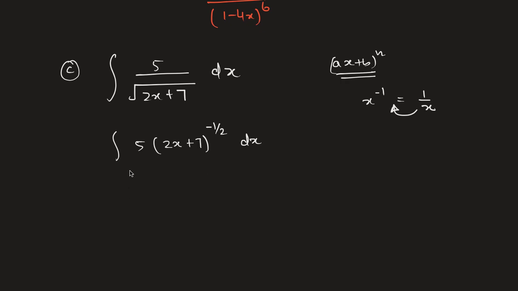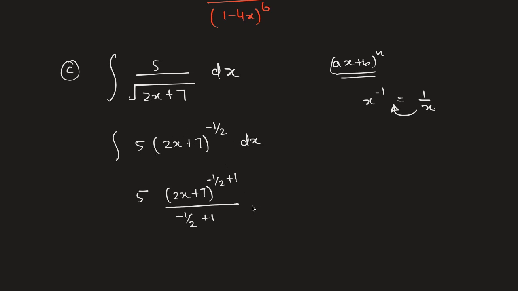Whenever you take a denominator to the numerator part, the power becomes negative. Okay, now let's integrate this function with respect to x. 5 is a constant, we can keep it outside. Now integration of this would be (2x + 7) to the power (-1/2 + 1) whole divided by (-1/2 + 1). Now this outer part is done. Now the inner part, differentiate this part.